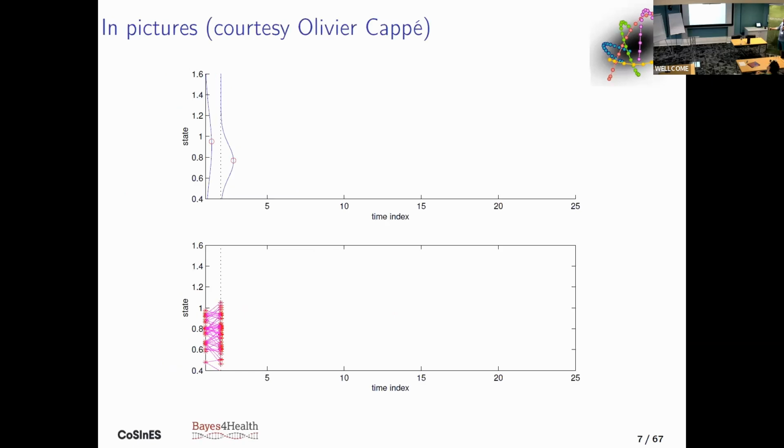And you see at time, let's say this is time 1 and this is time 2. At time 2, I've got my samples that are related to some of the samples at generation 1. But you see that it is believable that some of the samples share the same ancestor.